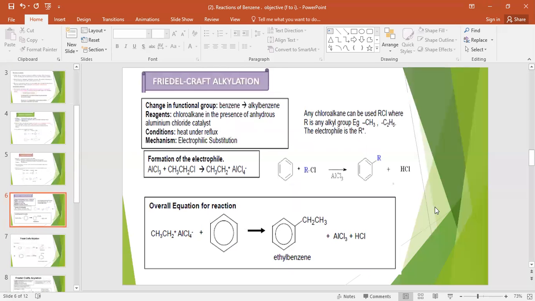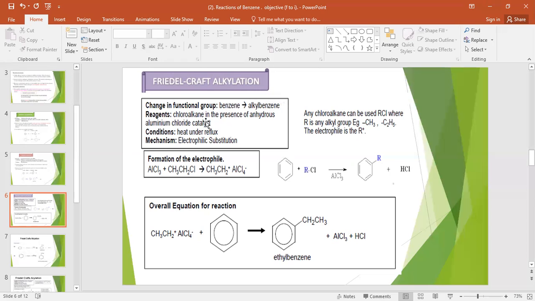Now we are going to start the third, Friedel-Crafts alkylation. And then we will study the Friedel-Crafts acylation reaction. Friedel-Crafts alkylation. First, the change in functional group: it converts benzene to alkylbenzene.